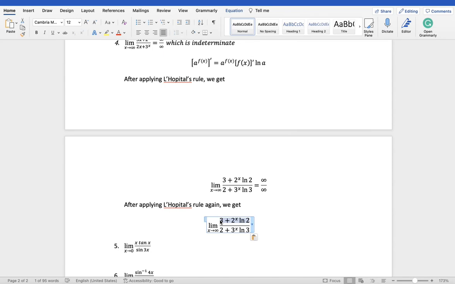It's 2 exponent x ln 2. Okay, does everyone agree? Let me write it and let's see if it makes sense. 2 exponent x ln 2. Does everyone agree here?